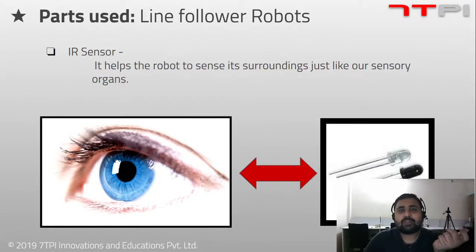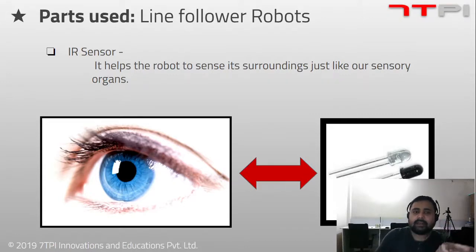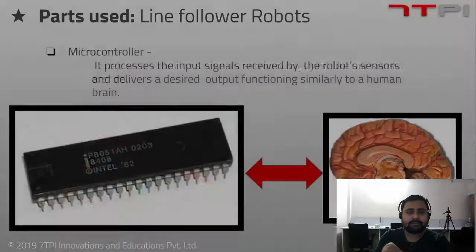For touch, we have touch sensors, which we have all seen in our mobile phones. For hearing, we have a microphone. Similarly, for robots there are a lot of sensors and input devices. Now here in our line follower robot, we can see there is an IR sensor in front of you, and there is an LED. We'll study the sensors later in some other video.